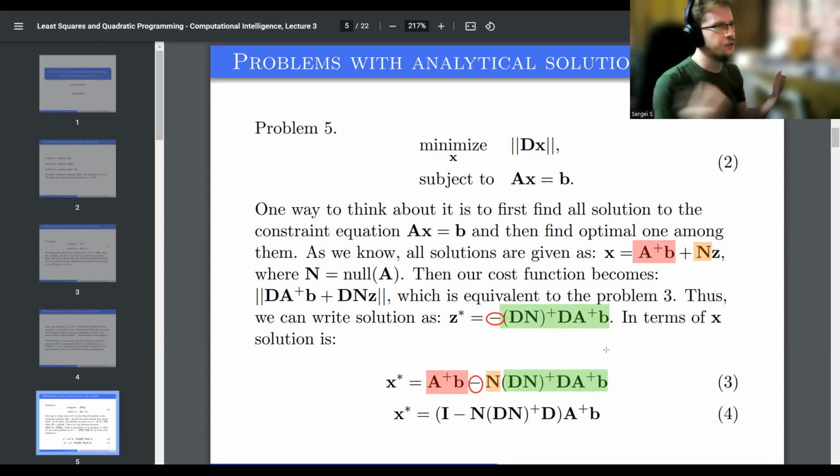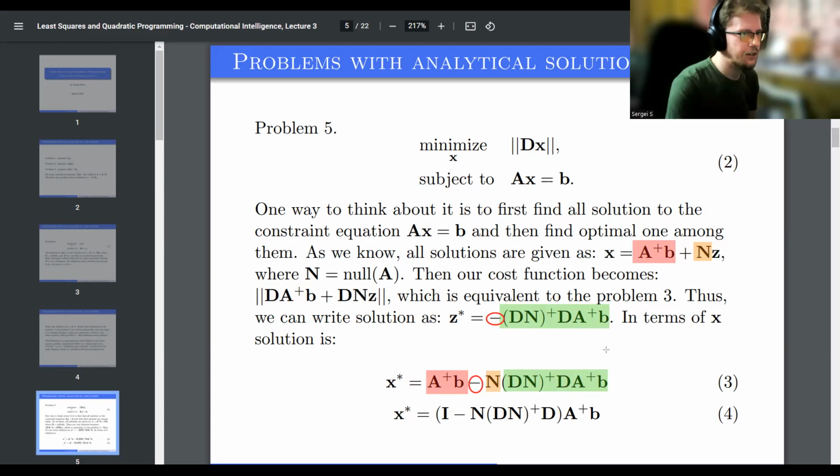Okay, so this is how you assemble the solution. Your particular solution remains the same. Of course it is. The only thing that you could manipulate in the first place is always your null space solution, never the particular solution. So you get your null space solution from minimizing your cost function via least squares. That's what you get.